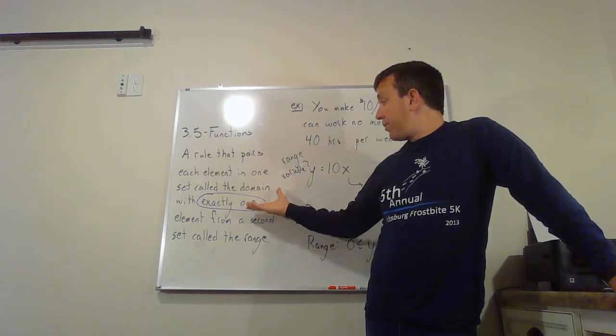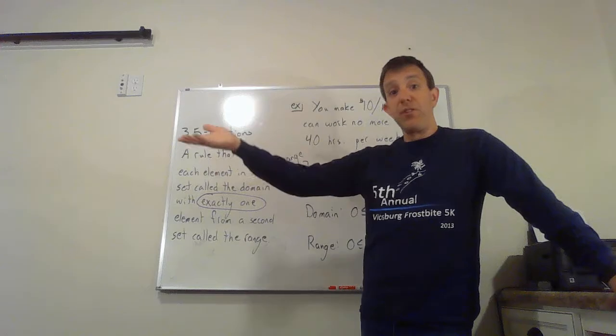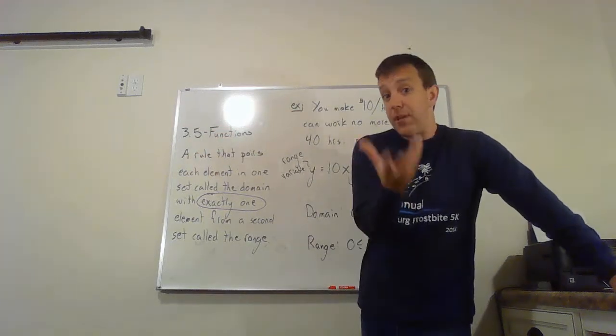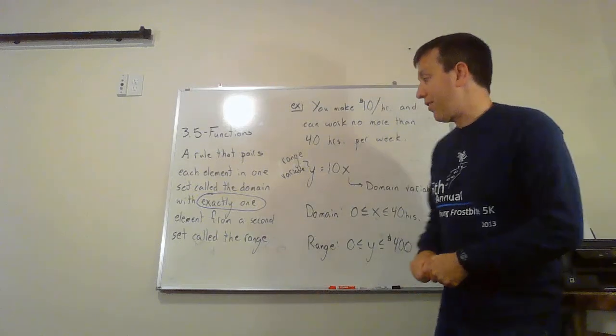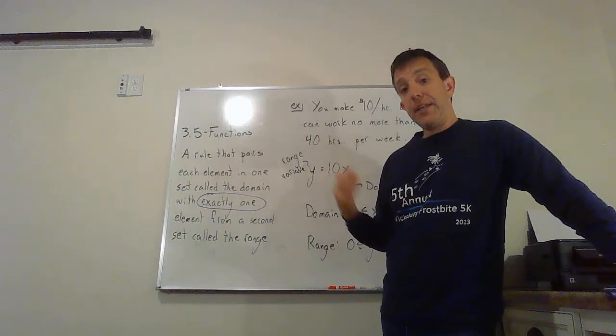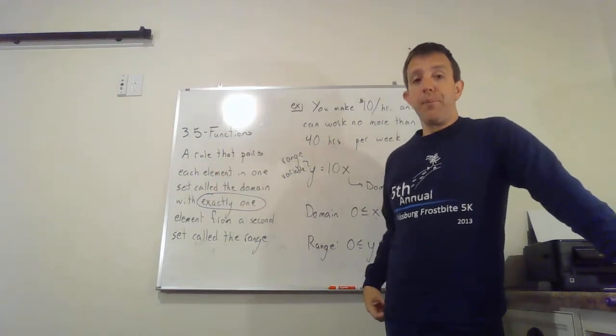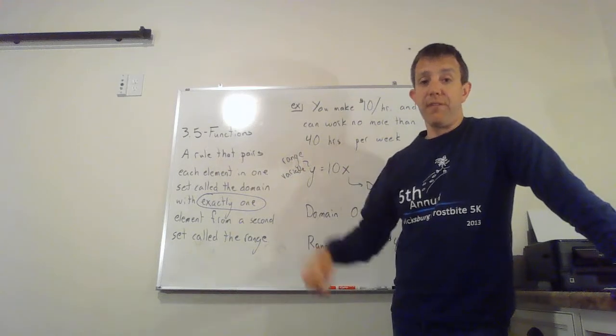So there has to be something that you make. You can't work some number of hours and not get paid at all. That's not a thing that happens. So every element of the domain needs to be paired up with something in the range. Okay, you can't have any domain variables that don't have a pair.